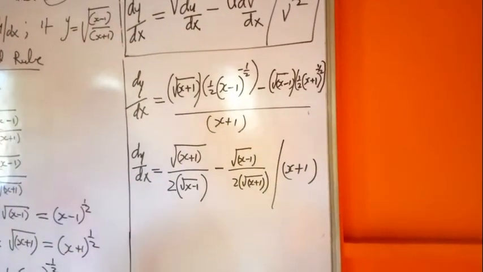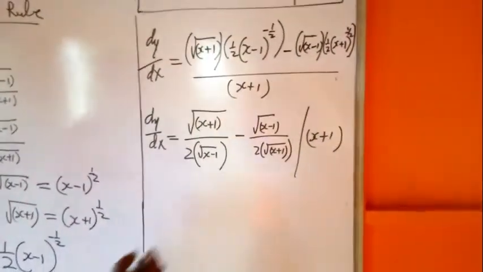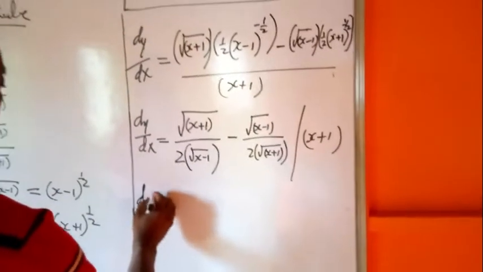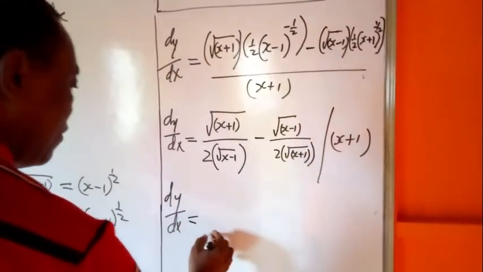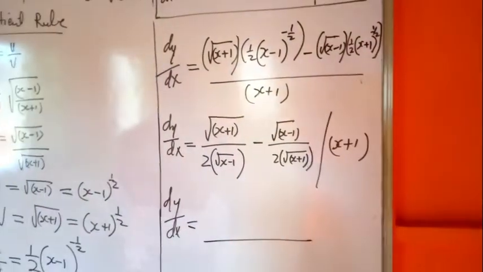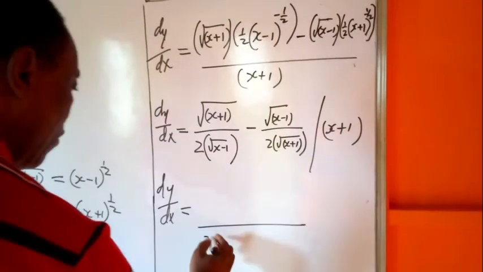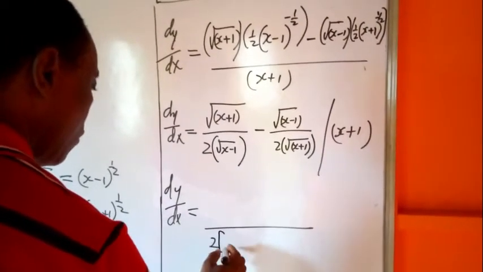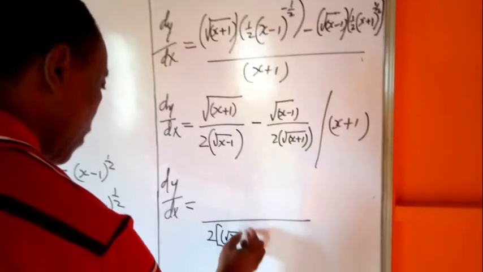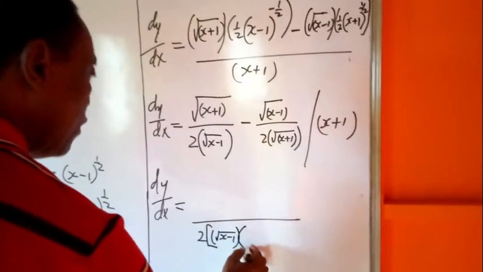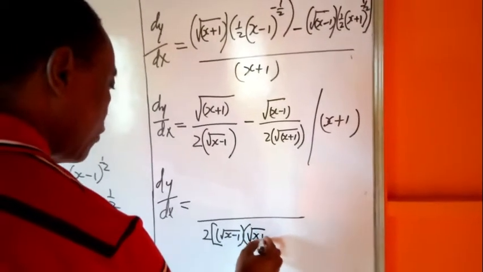So let's look at the LCM. We have told you how to calculate such LCM. So our LCM is going to be 2, they are common, into root x minus 1 into root x plus 1.